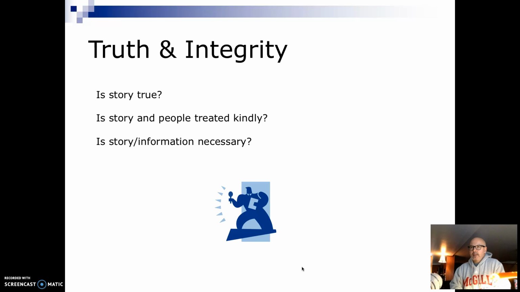If there's anything superfluous in it or unnecessary, just extra information, why is it there? Or is it information that might push the reader to think a different way or have a certain taste or opinion about this story? Then maybe you're not being as truthful or showing us as much integrity as you need to.